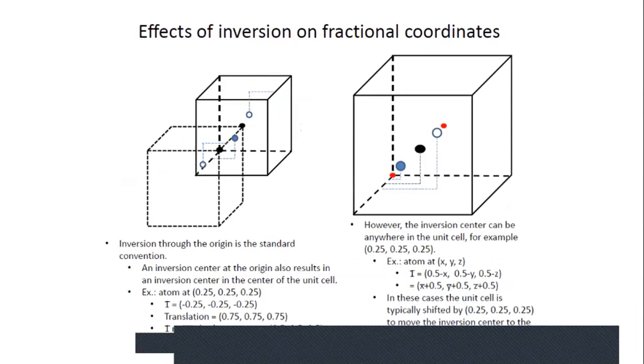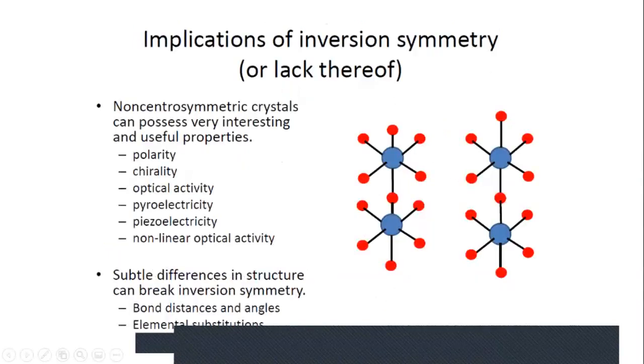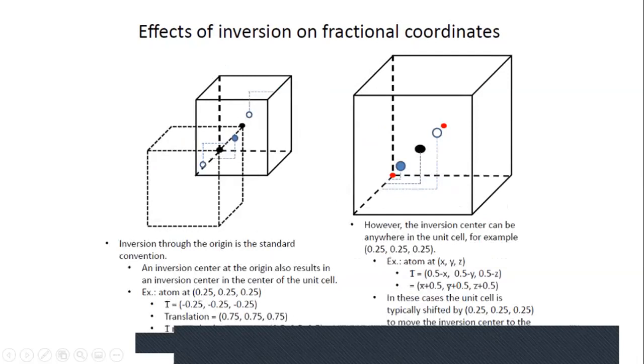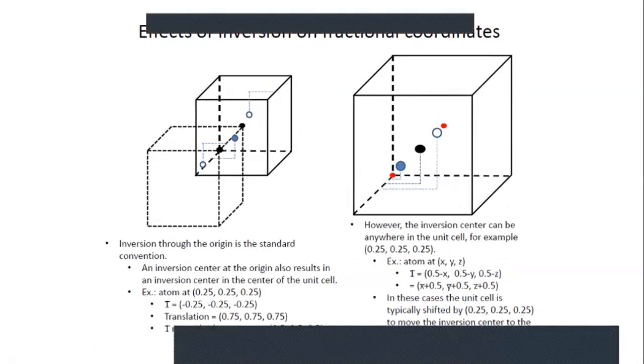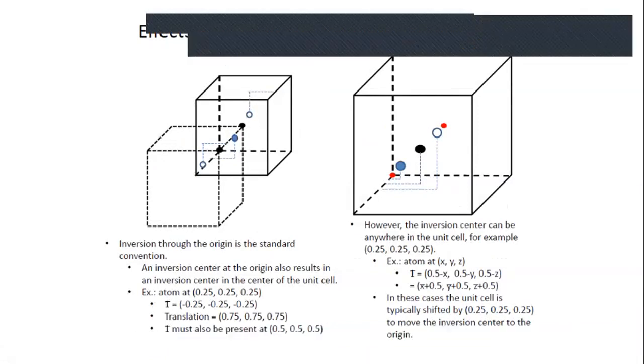And so here's just showing you, for example, if we have an atom at 0.25, 0.25, 0.25, and this one has an inversion center at the origin, that means that the inverted set of coordinates would be at negative 0.25, negative 0.25, negative 0.25.